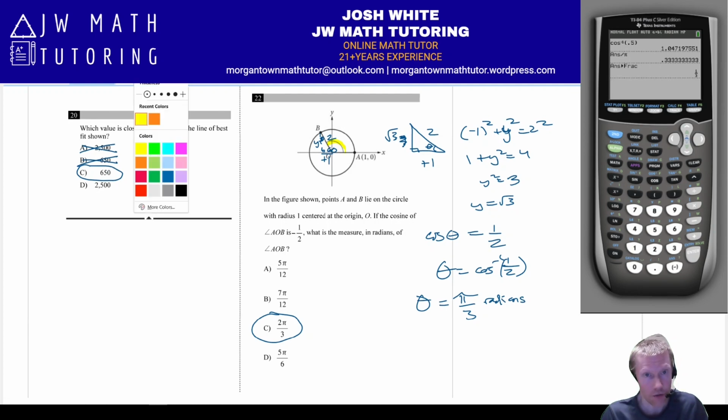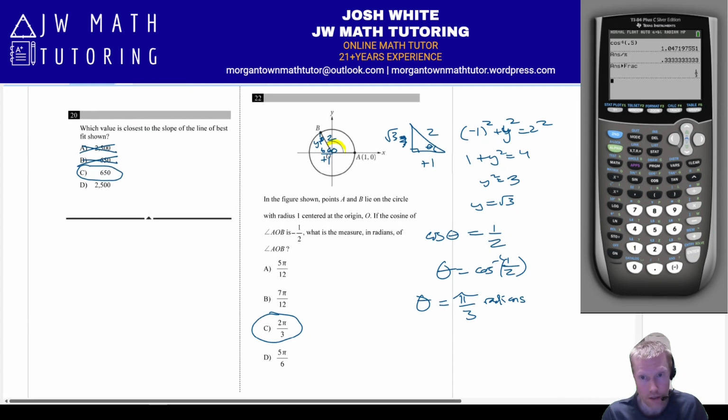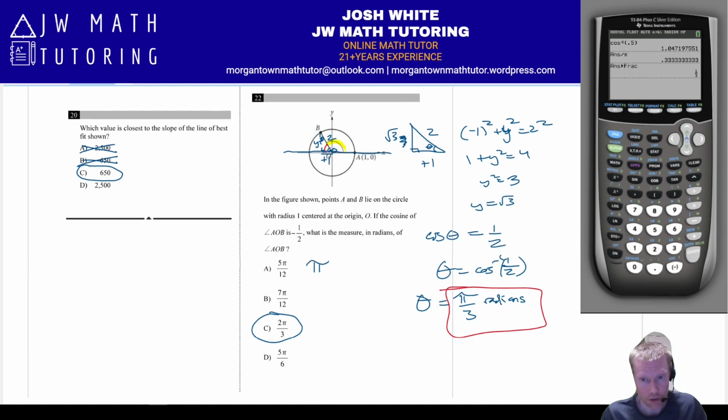We know that this little part right here, the red part, is pi over 3 radians. This whole thing is 180 degrees, or pi radians. So if I subtract off the red part, pi over 3, that's going to give me 2 pi over 3. Just get a common denominator: 3 pi over 3 minus pi over 3 is 2 pi over 3. So you could get the answer that way.